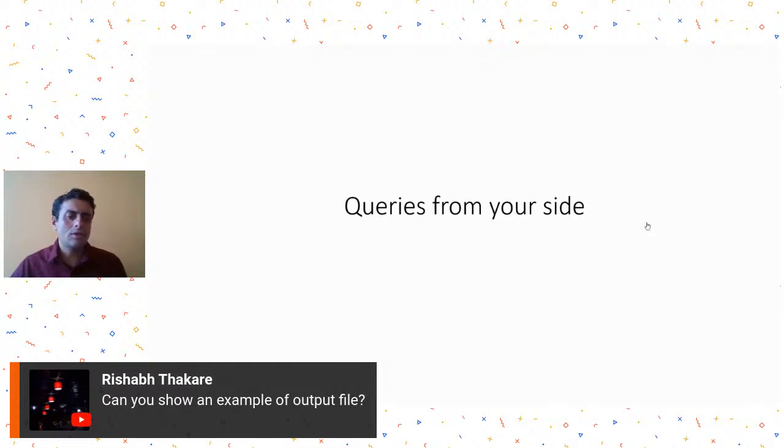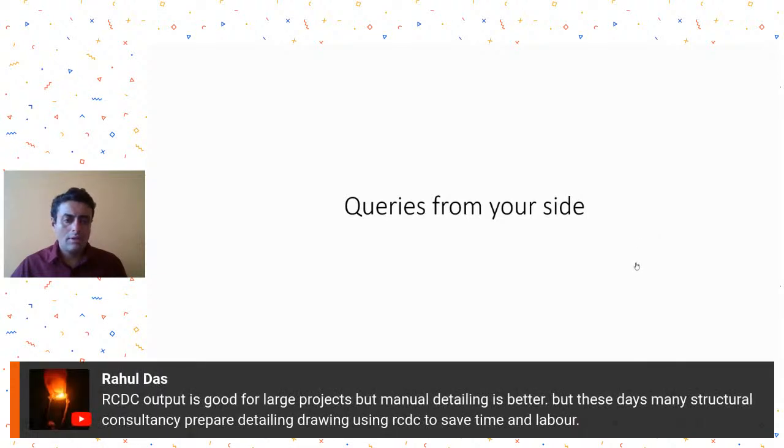Mr. Rishabh is asking, can you show an example of an output file? I'll be discussing that in the course. Each and every output file we will have a look at in our course. Mr. Rahul is asking, RCDC output is good for large projects, but manual detailing is better. But these days, many structural consultancies prepare detailing drawings using RCDC to save time and labor.